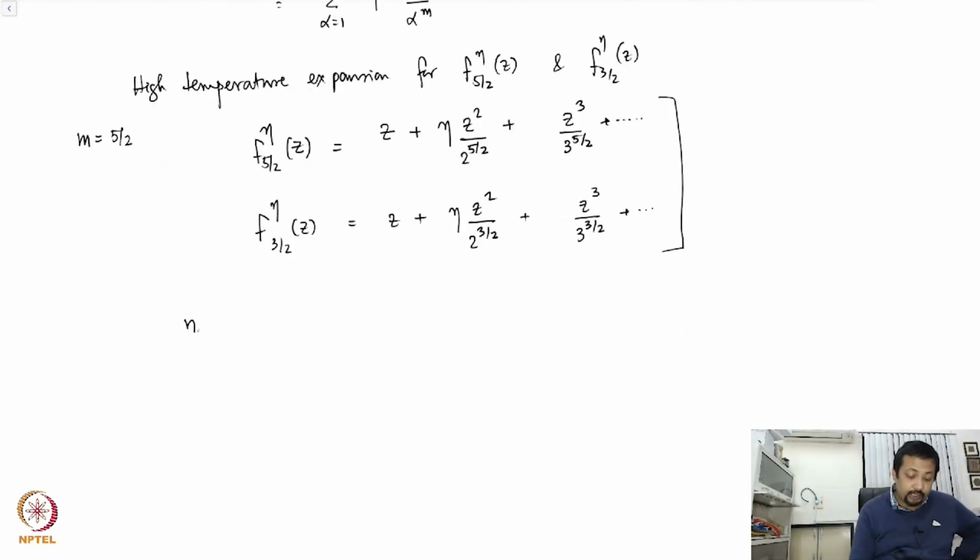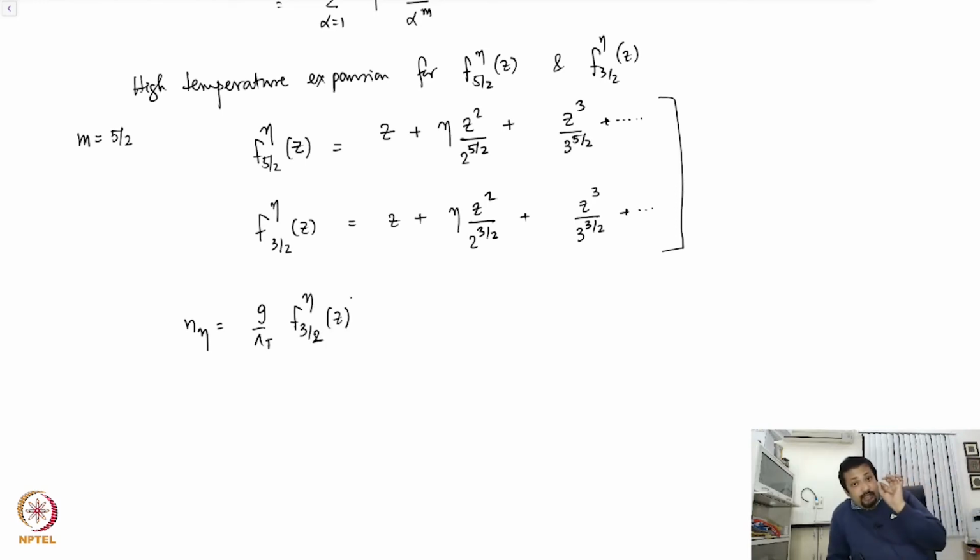Now I know that n eta was g over lambda t times f 3 by 2 eta of z, and the idea is to determine z, the fugacity, from this equation.